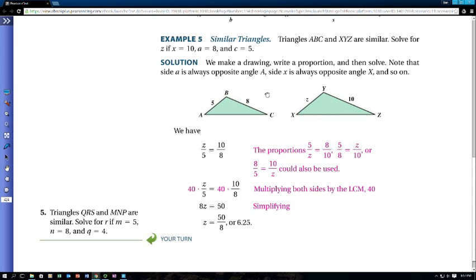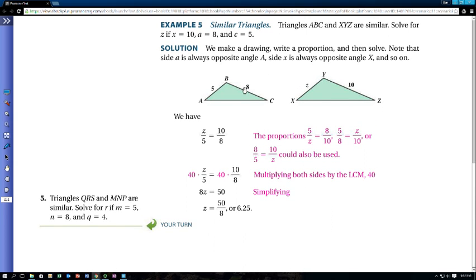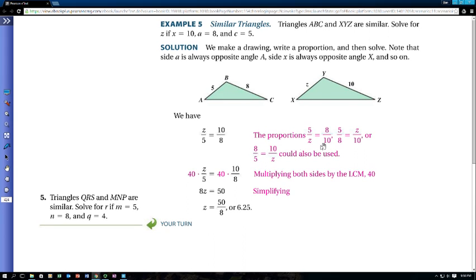Well, according to similar triangles, if I make proportions out of that, first I have to make fractions out of the sides, and they took z over 5 right here, this z over this corresponding side length, and then they got 10, from this distance right here, which corresponds with this one, 8. And then since z over 5 equals 10 over 8, then 5 over z would equal 8 over 10, and 5/8 would equal z over 10.